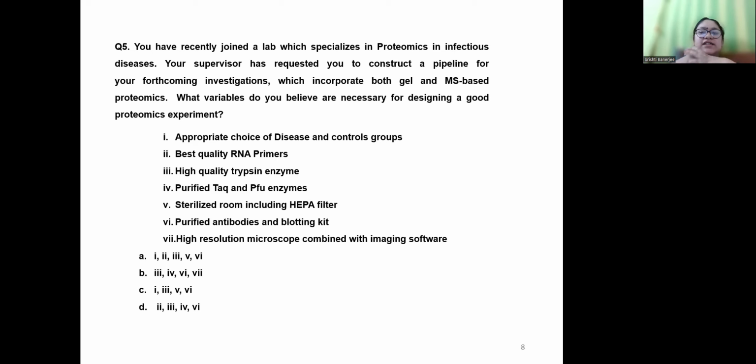Okay. So first thing is, we will discuss what proteomics is, and then what is a pipeline? So pipeline is actually a flowchart of the kind of work you will be doing, or in a more refined way, it's the protocol of your entire experimental plan. So step by step, what you're going to do.